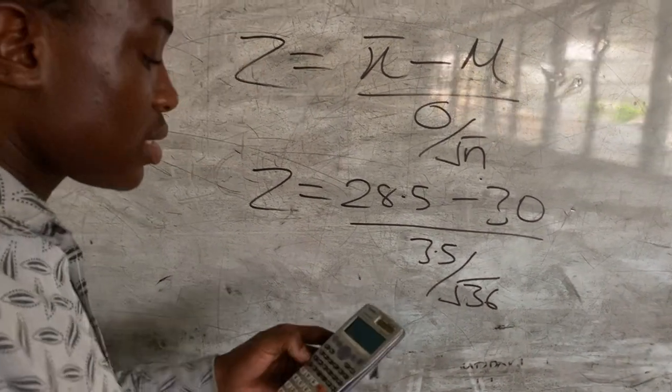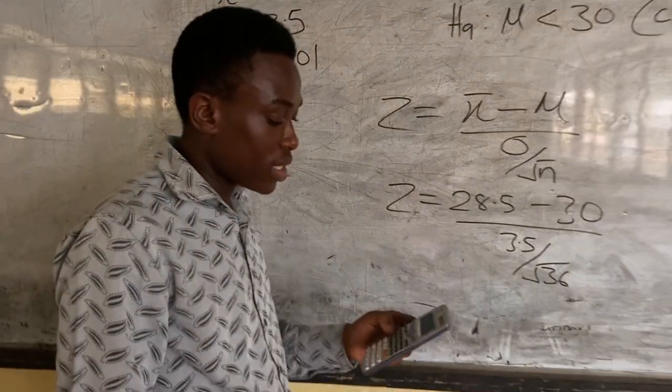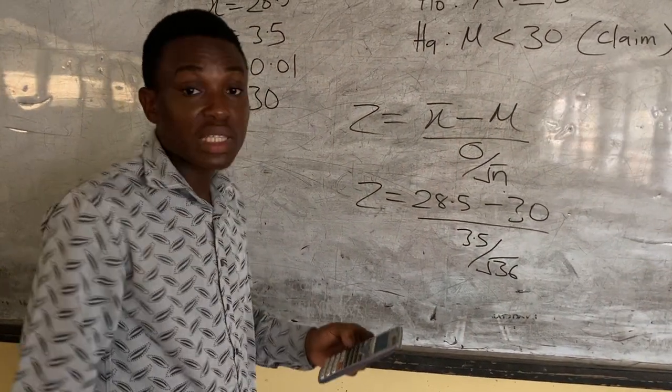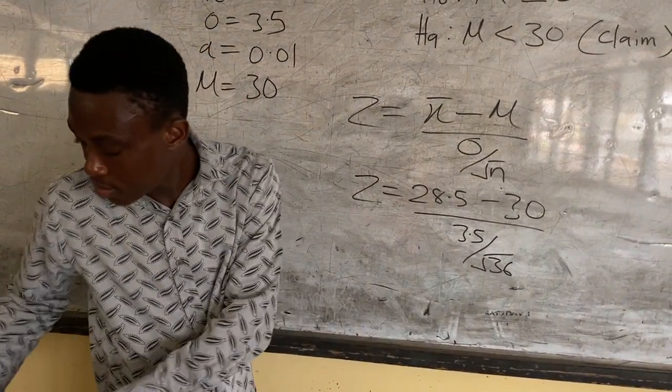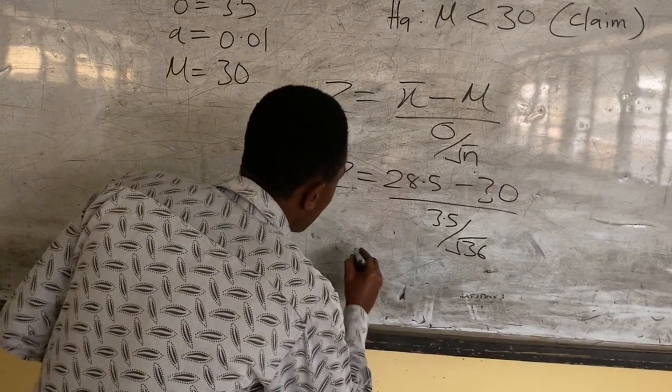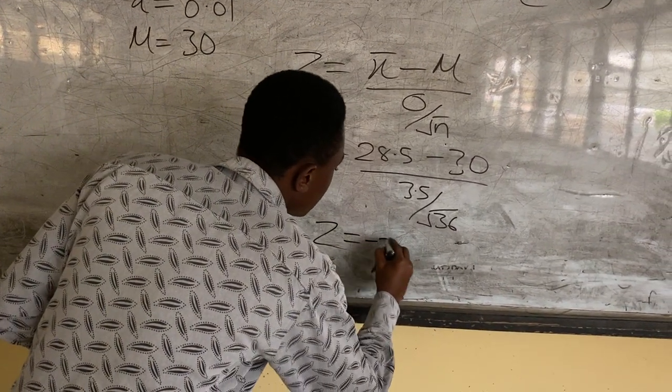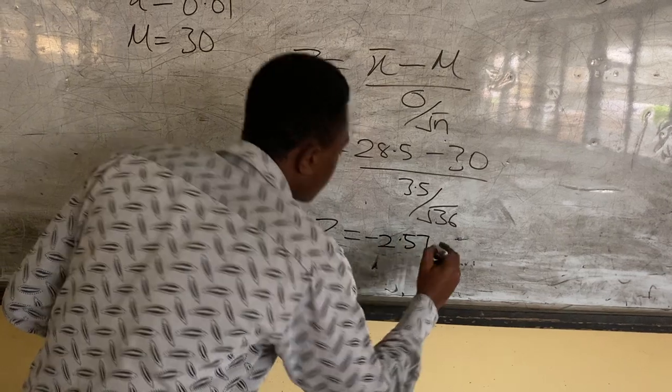And that gives us negative 2.57. So our z is negative 2.57.